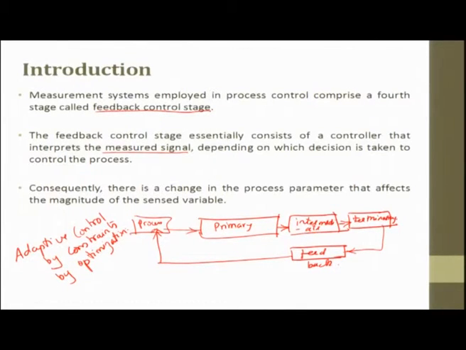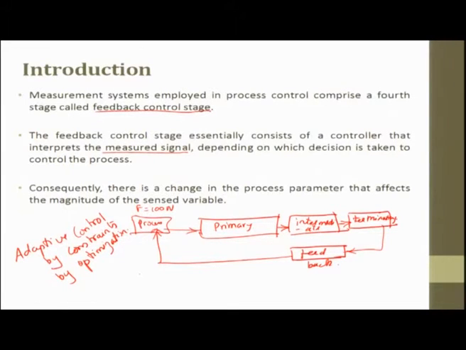Here we give the feedback and the process gets changed. So, the process becomes adaptable. What is called a constraint is you fix a variable at a maximum limit. For example, the force cannot go more than 100 newtons. So, this is a constraint.